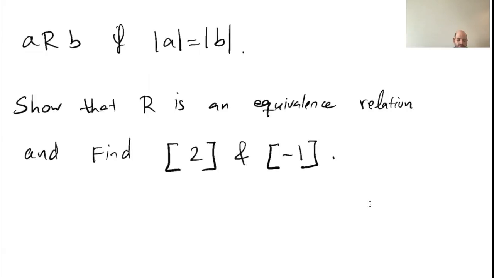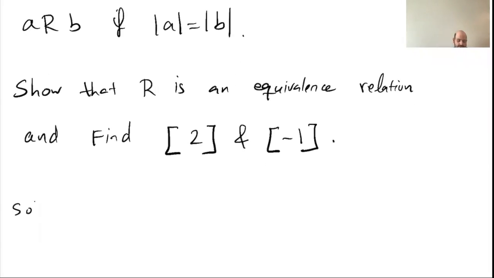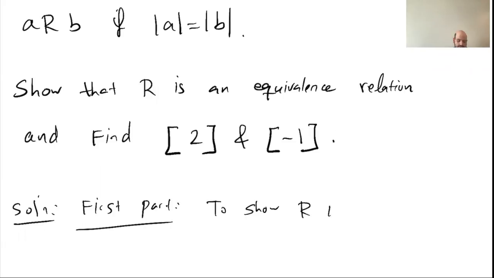To show R is an equivalence relation, we need to show three things: R is reflexive, symmetric, and transitive. So first part of the solution: to show R is an equivalence relation.